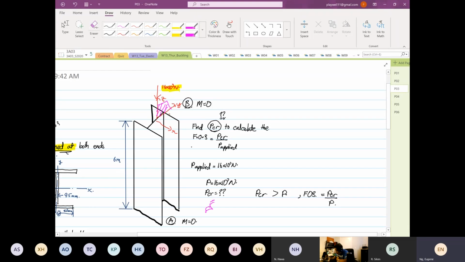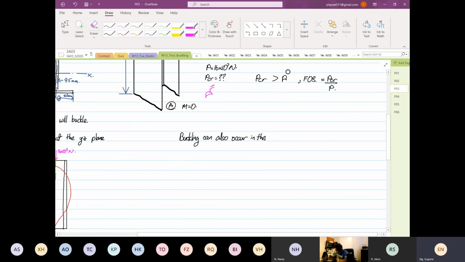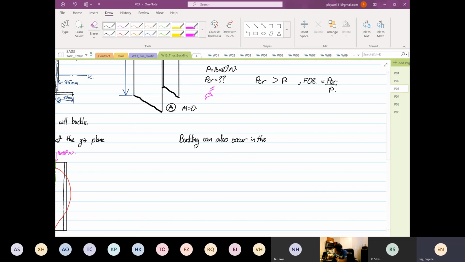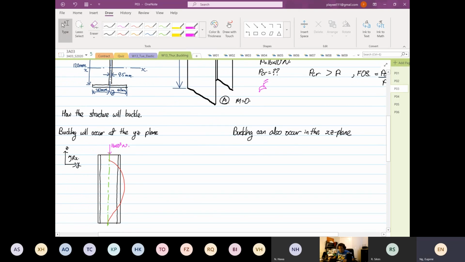It can buckle in this direction also. So this will be our XZ plane. Buckling in the XZ plane. Now we are going to sketch our XZ plane.